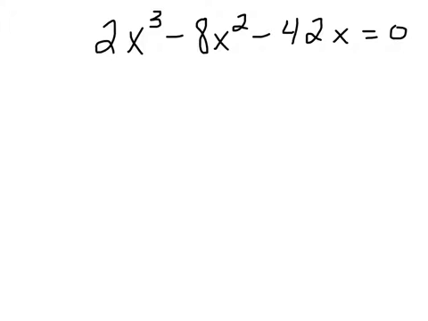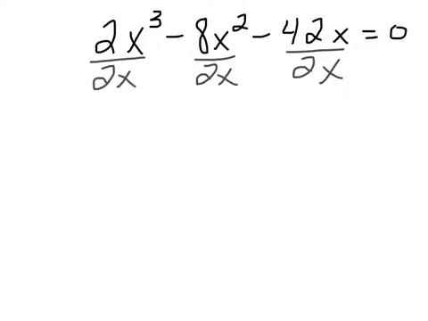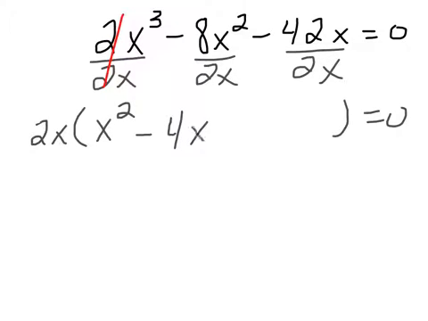So I know that my GCF is going to be 2x. Notice I divided by 2x right away. I'm going to put 2x out in front. Same thing. I'm going to put nice big parentheses and I'm going to drop everything down. My 2's will cancel. X cubed divided by x is x squared, minus 4x minus 21.